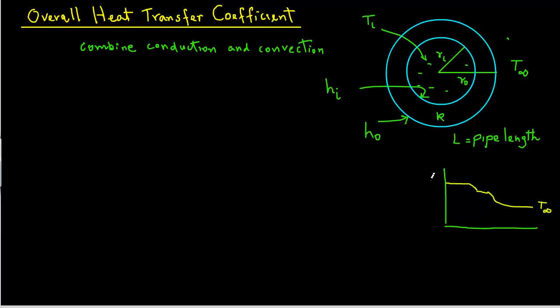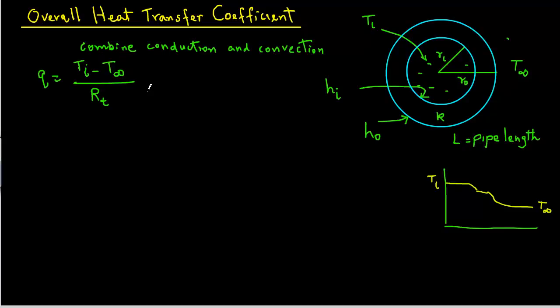So we will use the approach of thermal resistance values to obtain an expression for the overall heat transfer coefficient. We can write that Q, the rate of heat transfer, equals Ti minus T infinity divided by RT, where RT is a combination of various thermal resistances.